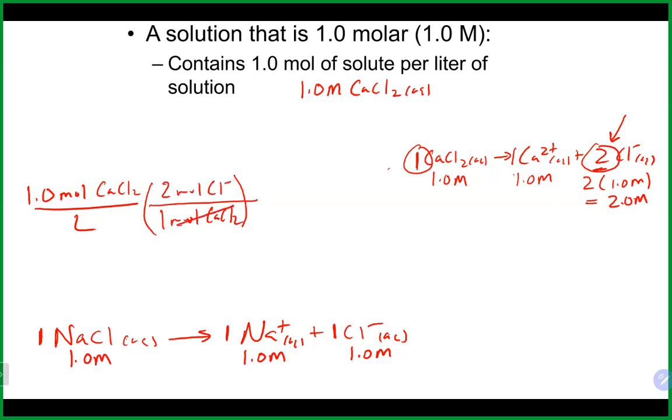The moles of calcium chloride would cancel. That is basically why we're multiplying this by 2. And we would end up with 2 moles of chloride ions per liter. So that's the long version of just multiply it by 2, and you'll get the same thing. So it really is the multiple relationship in terms of how the ions break apart in solution.